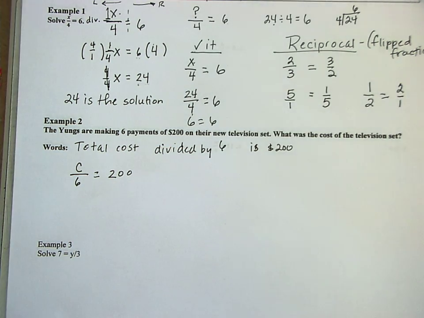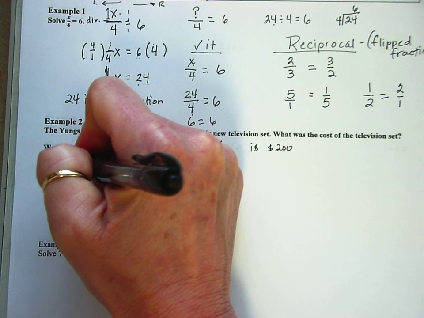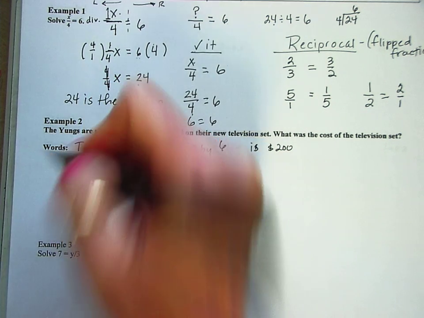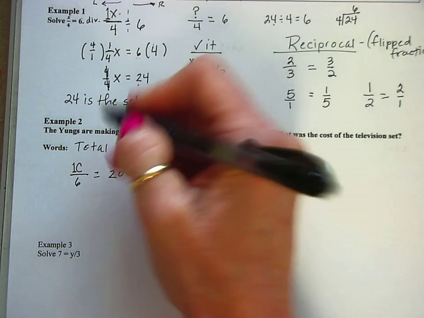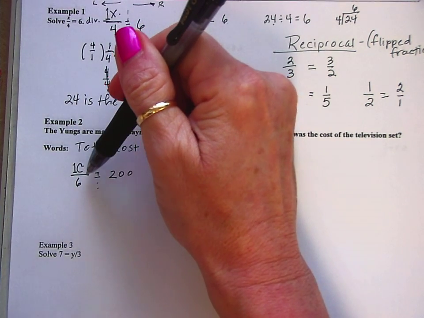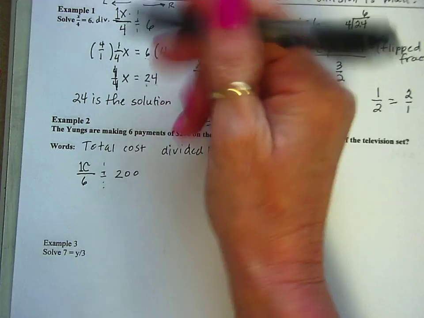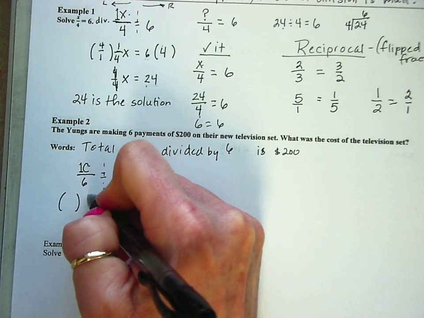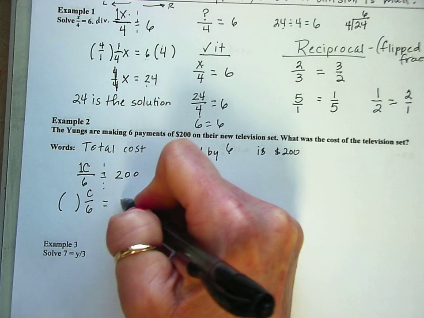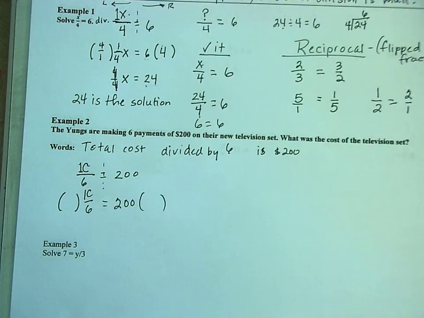Okay. Now remember, there's an invisible 1 in front of that C, so this is really 1/6. I need you to locate your bridge, locate your variable, recognize that this is division, and I'm going to do the opposite of that, and that's going to be multiplication. So what am I going to multiply both sides by?